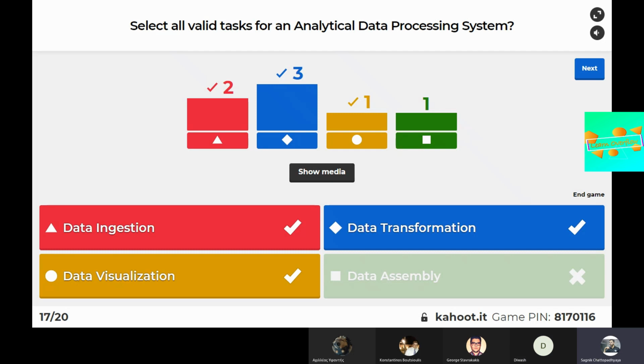That's the basic data processing system. Data assembly is not our task. We don't need to collect or assemble data, it's coming from the sensors, directly going into ingestion. Okay.